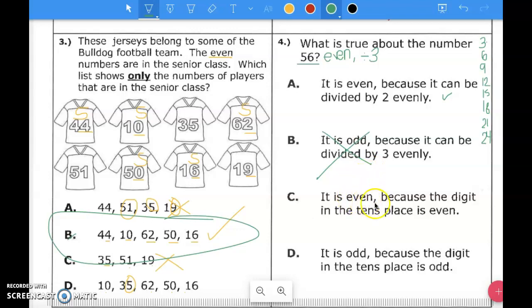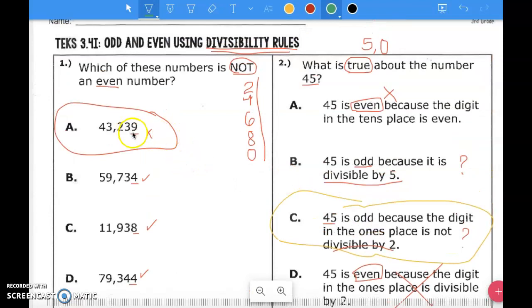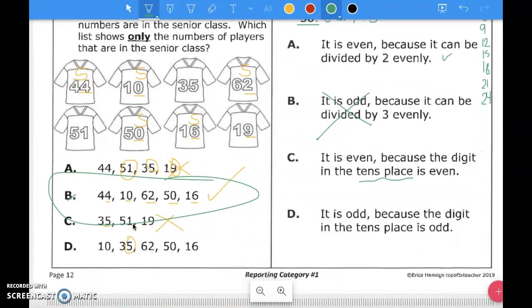It is even because the digit in the tens place is even. Do we look at the tens place? What did I tell you it's important to look at? The ones. So this is a distractor because if you read too fast, you may think this is the correct answer, but you don't look at the tens place.